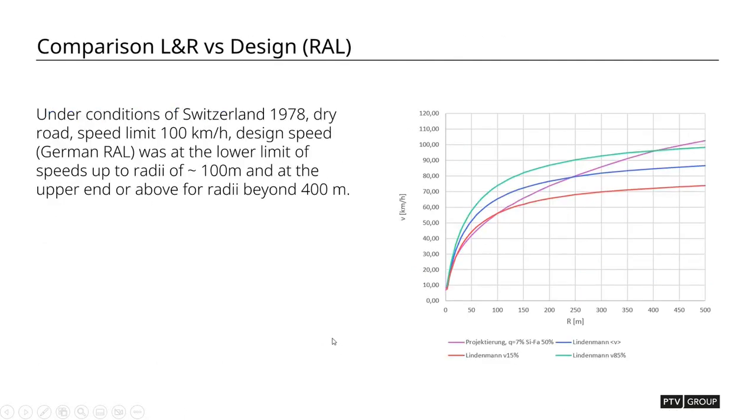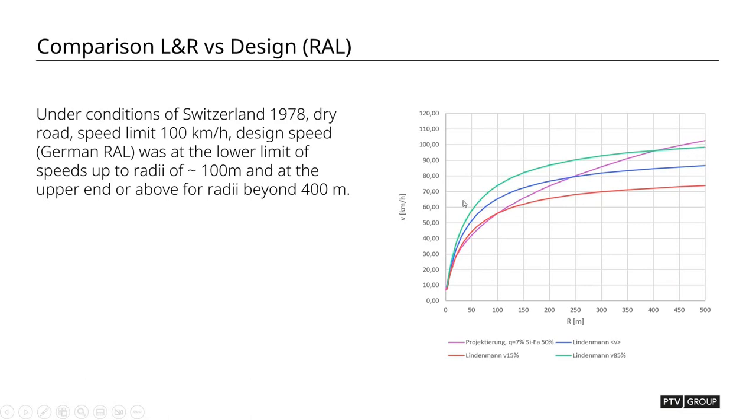And yeah, if we compare that to the design speed function, we see it's really different. So first, what real people drive when they are not observed and when there is a speed limit is really different compared to what is assumed.